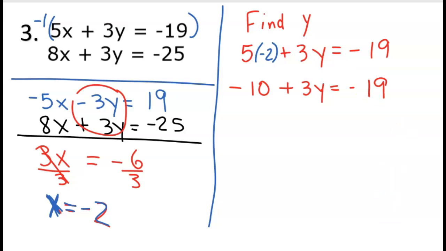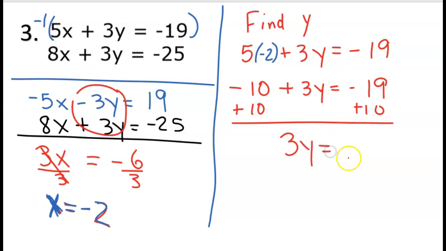I'm solving for y. What am I going to do with the 10? To cancel out the 10, subtract them, take the sign of the largest number, and then divide by 3.